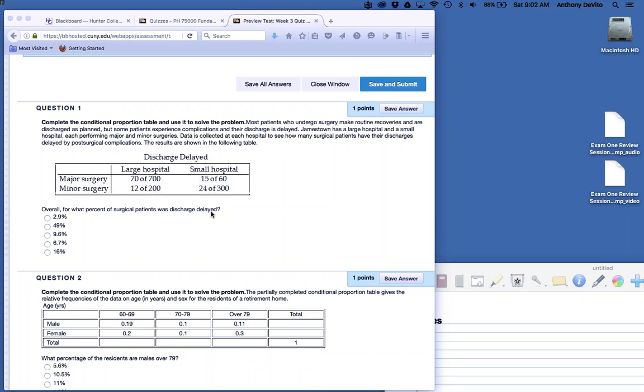Again, this is a crosstab or a contingency table, or in this case, they call it a contingency proportion table, because they don't actually just put in the number of people involved, but they put in a proportion, like 70 of 700. That means 10% of the large hospitals had delays after major surgery, and 15 out of 60 of the small hospitals.